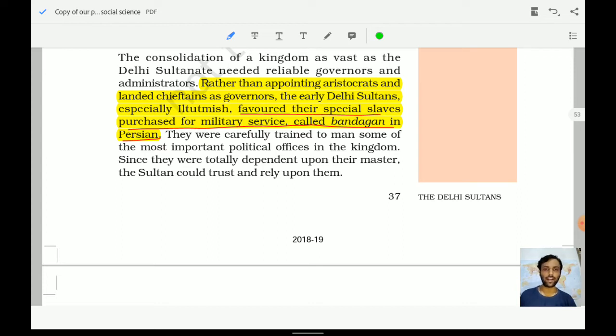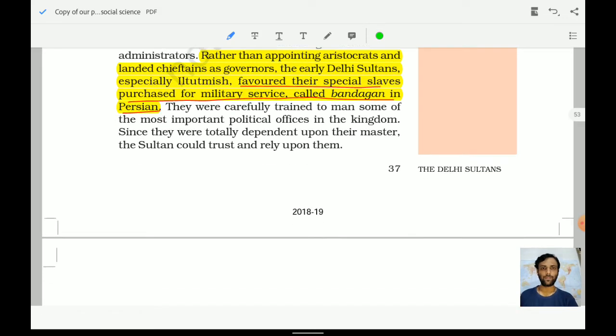I have already underlined that if any question comes on what the term bandagan refers to in the medieval era, it refers to the slaves purchased for military services, and bandagan is the name in the Persian language, right?